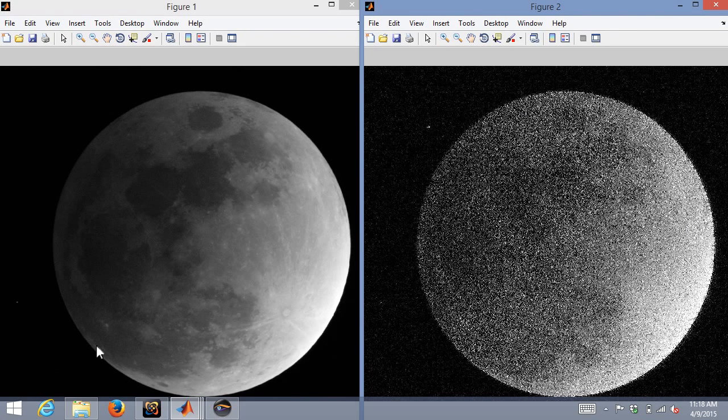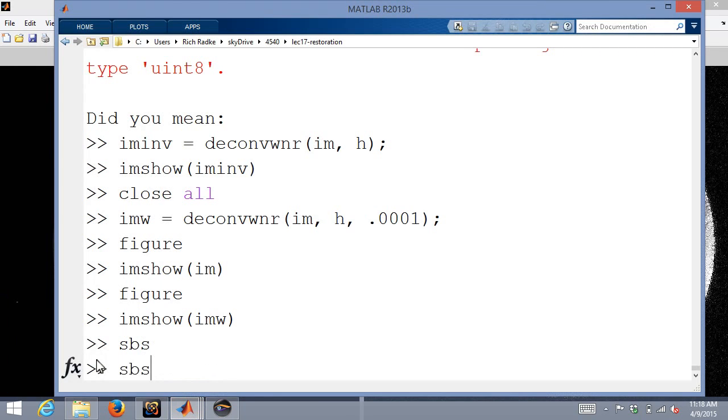Okay, so this is not so great, right? This is pretty close to the inverse filter, right? Because I am underestimating how much noise there actually is, right? So maybe I should try a number that's a little bit bigger. So let's try like 10 times as much.